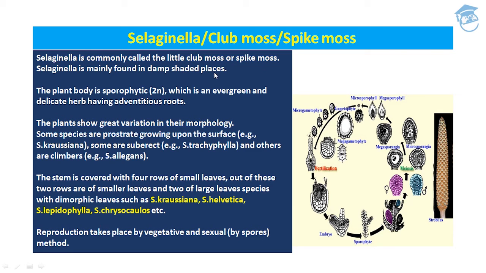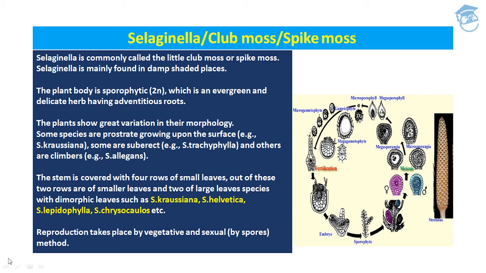shaded places. The plant body is sporophytic, which is diploid 2n, an evergreen and delicate herb having adventitious roots. That means roots which can arise from the aerial part of the plant body such as leaves, so they are called adventitious roots. The plants show great variation in their morphology: some species are prostrate, growing from one surface to another, some are suberect, and others are climbers.